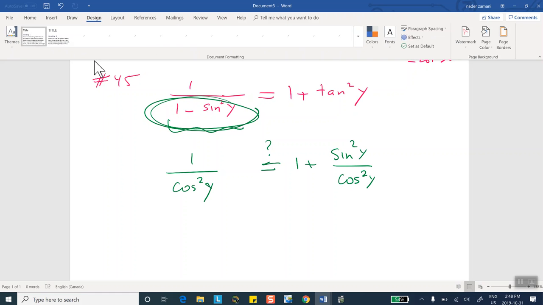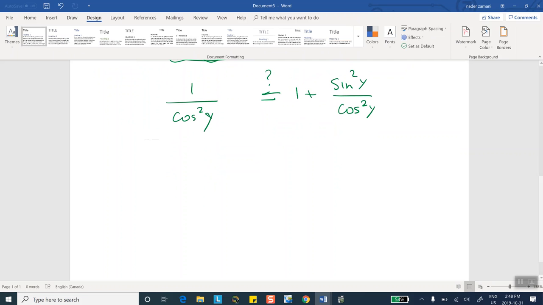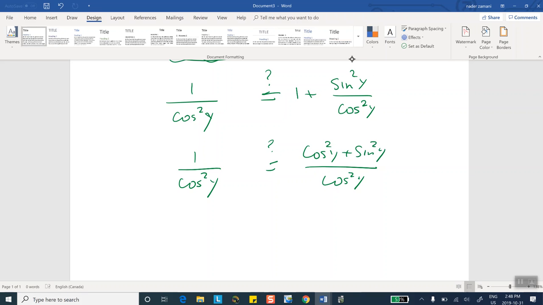Okay, good. So left side, I leave it the way it is. Right side is going to be common denominator is cosine squared y plus sine squared y. See that? I'm working on this. It's going to give you that.